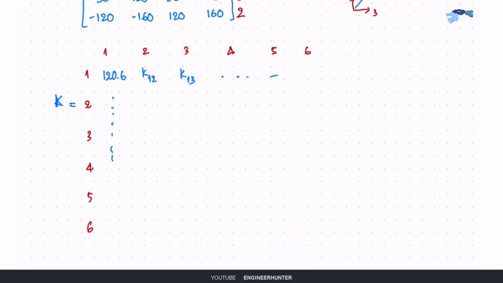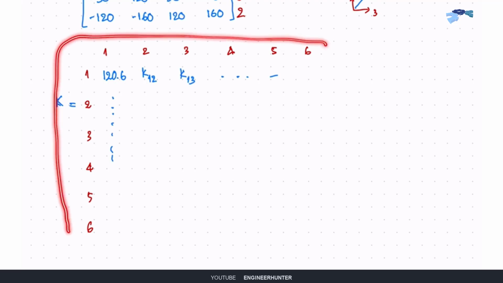For example, like if you want to use the Matlab or Python to do structural analysis, this method will be easy to do.